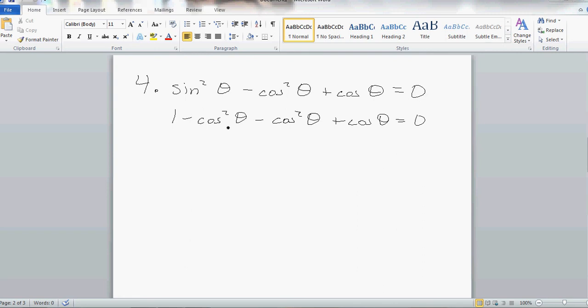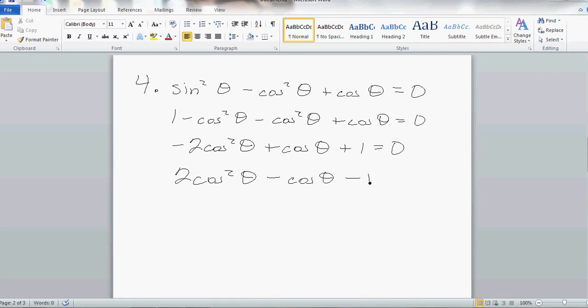Now I can combine like terms, so I get -2 cosine squared of theta plus cosine theta plus 1 equals 0. And since I don't like the negative here, I'm going to change all of the signs and get 2 cosine squared of theta minus cosine of theta minus 1 equals 0.